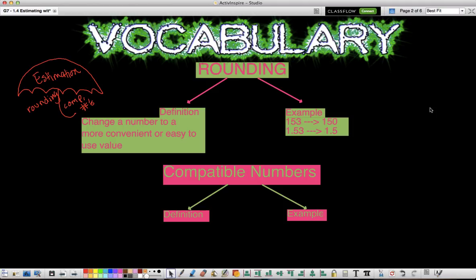For example, we take 153, and if we round it to the nearest 10, we say we have 150. Or if we have 1 and 53 hundredths, we can round it to the nearest tenth and say that we have 1 and 5 tenths. Okay, so rounding is when we make those numbers shorter or we make them nicer numbers to work with.